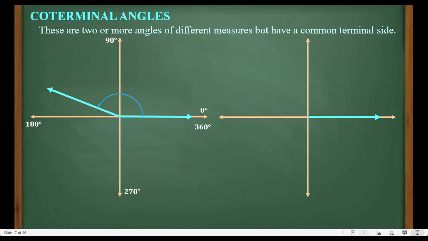So from the second coordinate system, we will draw the same angle, but the way this angle is produced is different from the angle that is produced from this one.